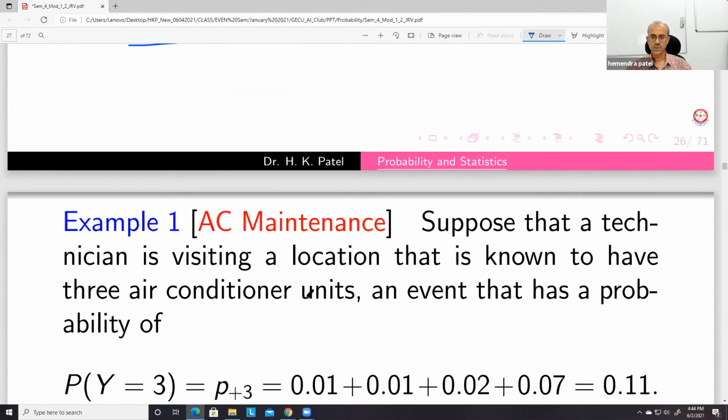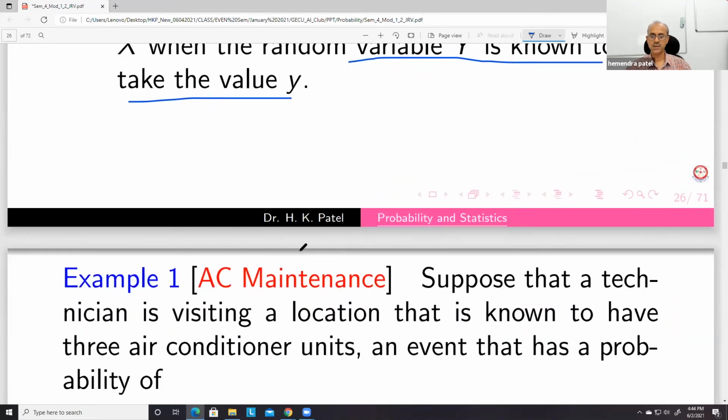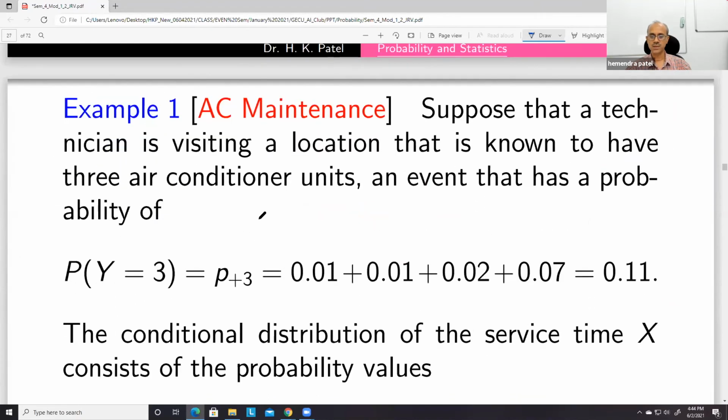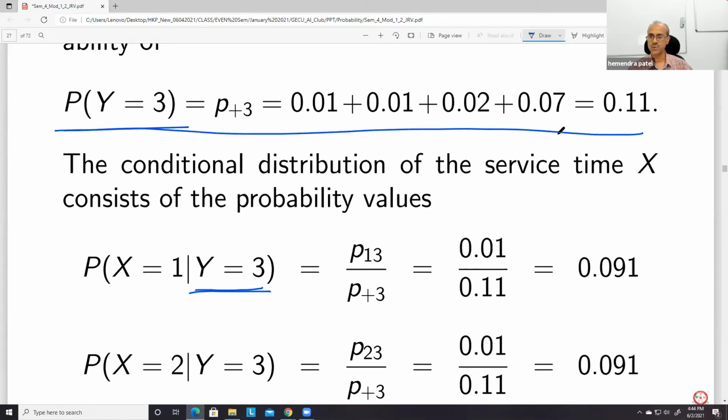So again, you come to this problem, AC maintenance. What we have seen here is conditional, so let us try to find conditional probabilities for this problem. Suppose this is the condition imposed here, y is equal to 3. So definitely P(y is equal to 3) is required, and it is calculated before.